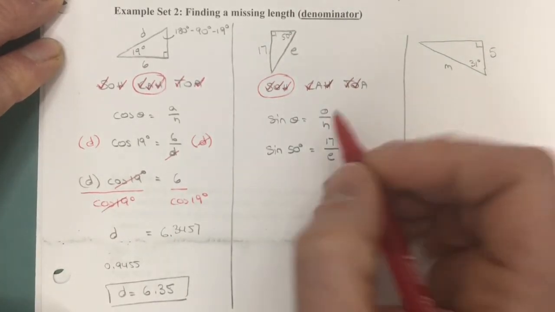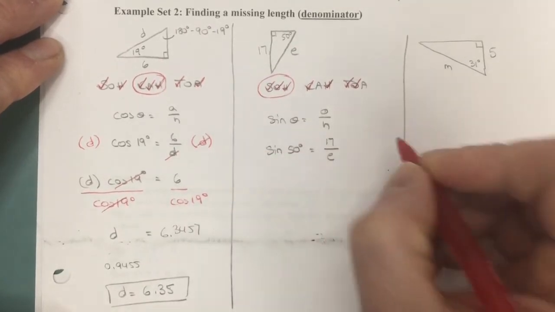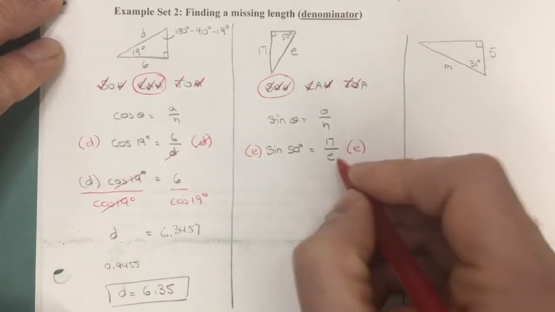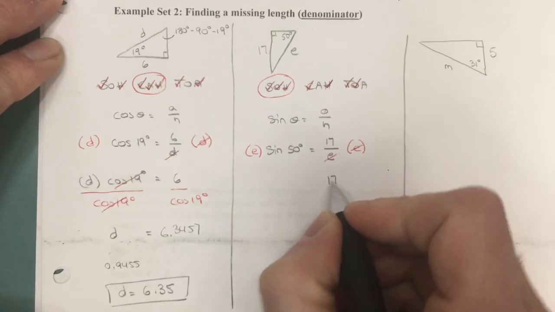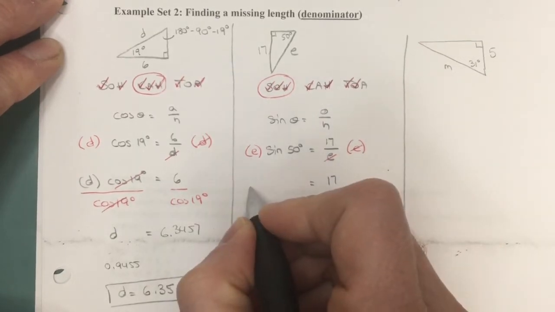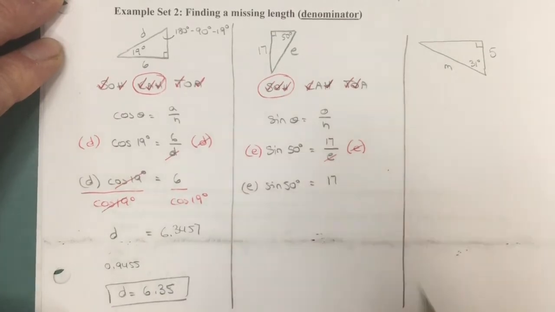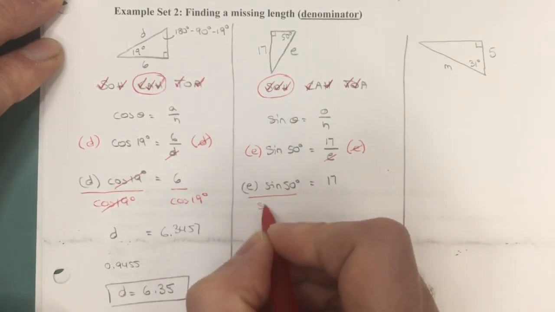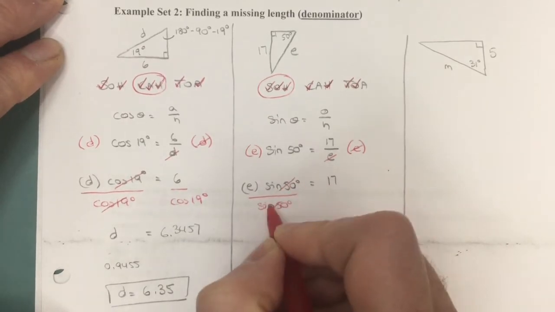So we have again a missing length in the denominator, which means I need to get rid of that denominator first. And to do that, we multiply both sides by E, which cancels this side out and leaves us with 17 on the right-hand side and E times sine of 50 on the left-hand side. So to isolate E on the left-hand side, we need to divide by the sine of 50 so that this cancels out.